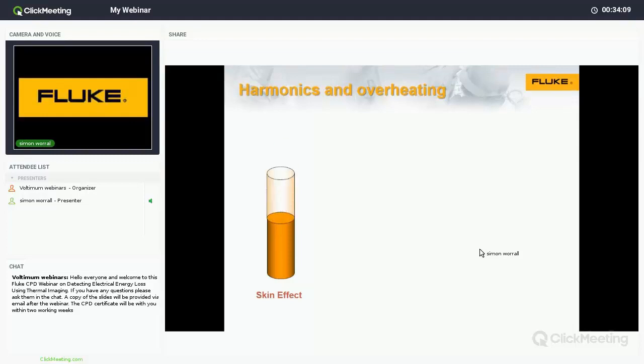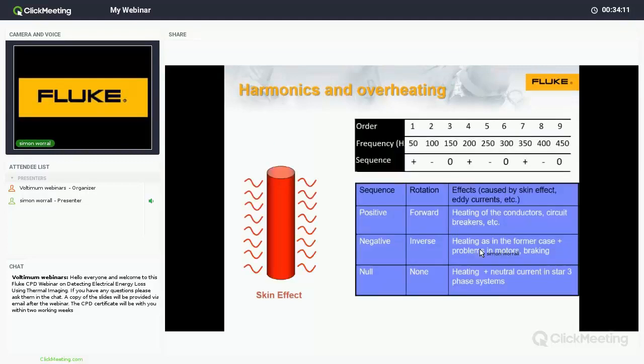And again, skin effect within motors has the same effect as within the cables. If you've got high harmonics, then you've got high surface temperature of the cables, which causes the motor to run hotter than it should. Also, when we're looking at motors, sequence is very important, as we've said earlier. If we look at the fifth harmonic, it is negative sequence, and fifth harmonics can be generated by 3-phase rectification.